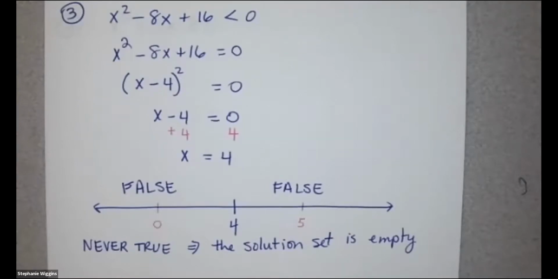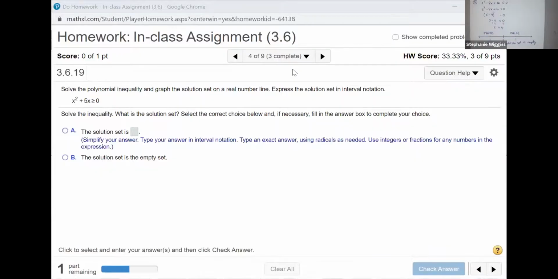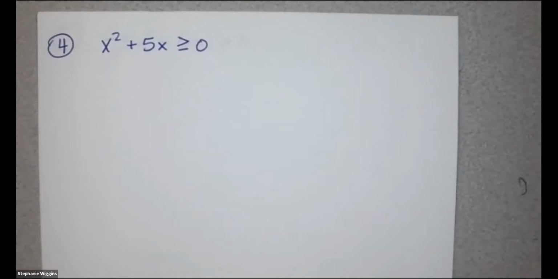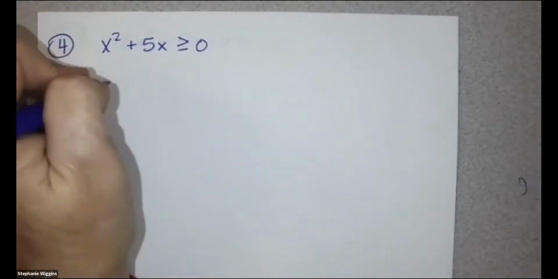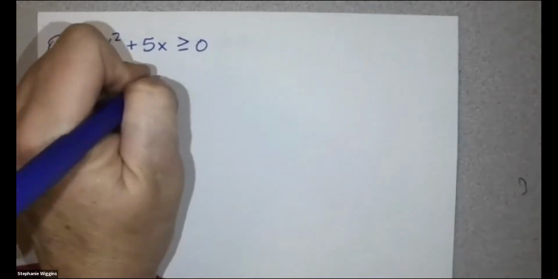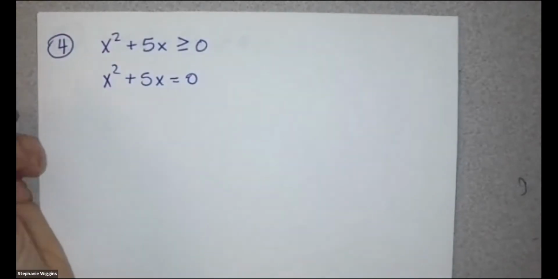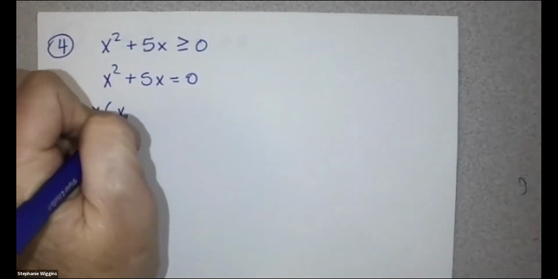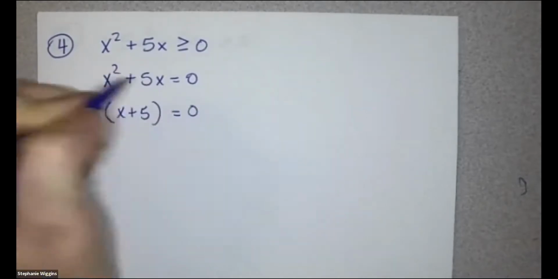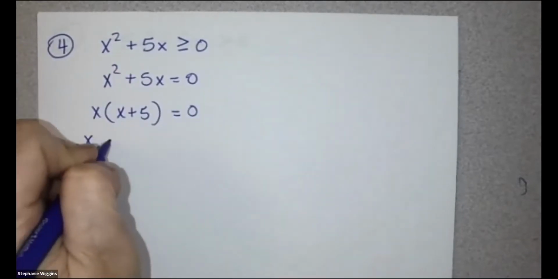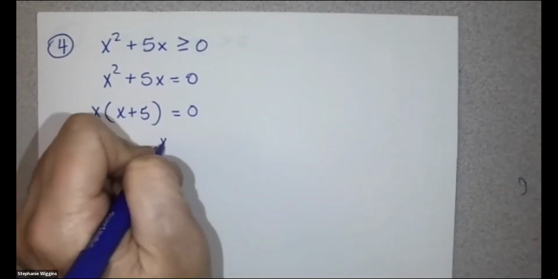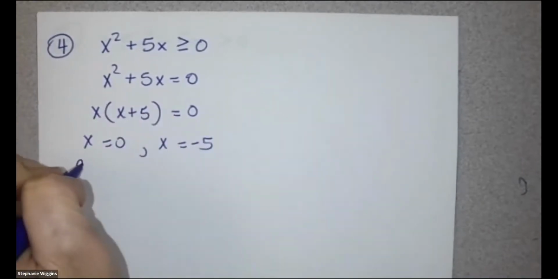Let's go back to the... Okay, so looking at this problem, we have x squared plus 5x. This time we want to know, when is it greater than or equal to 0? Setting this equal to 0 and then factoring, we see that the zeros are x equals 0 and x equals -5.